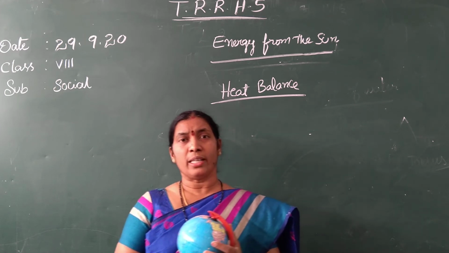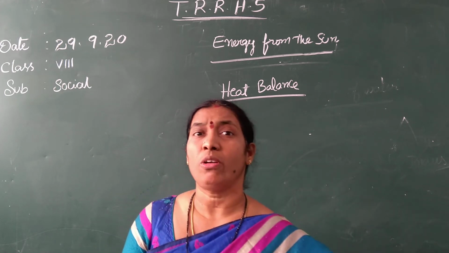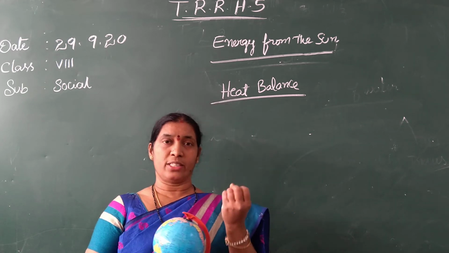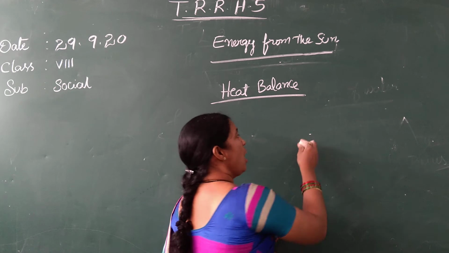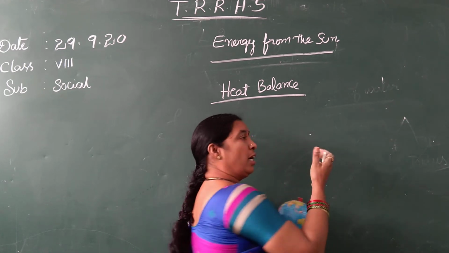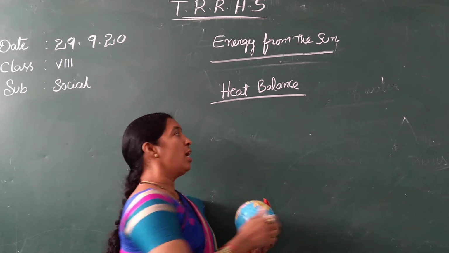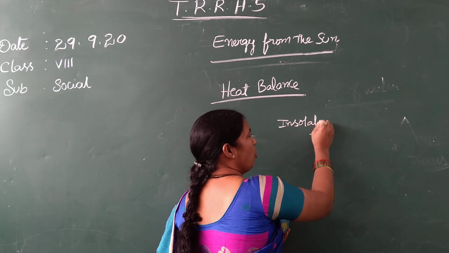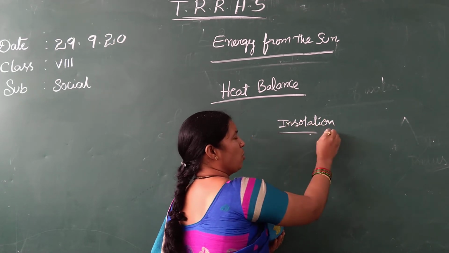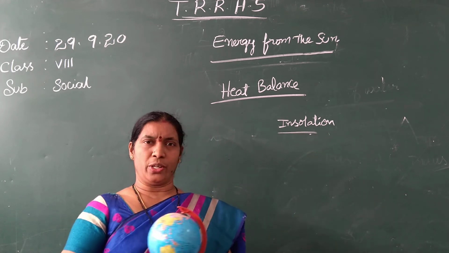But is the earth receiving it fully or not? Whatever the earth is taking is called insolation. I already told you. How much the earth is taking, that is called insolation, one of the important keywords. So with that insolation, how is it going to work?